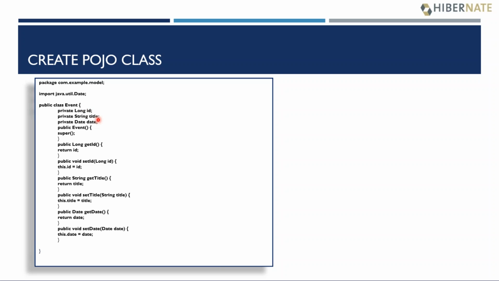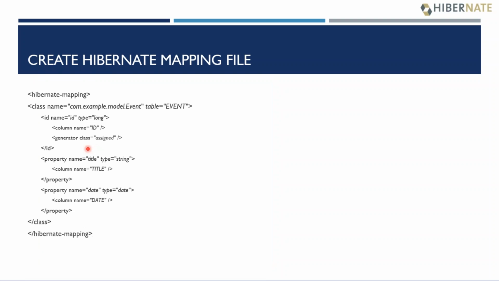Then the title, the name of the event, and the date on which the event will be held. You can make it serializable if you want to transfer this data along the network, and you should have a public no-argument constructor, and then the setter and getter methods. Now this is your mapping file.